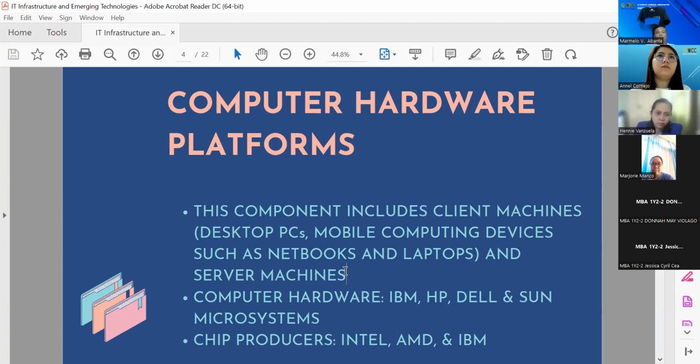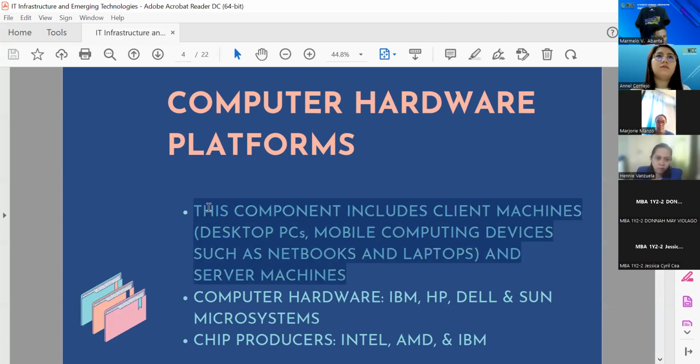All these are very much used right now. We know the big names that make our computer hardware, which are IBM, HP, Dell, and Sun Microsystems.